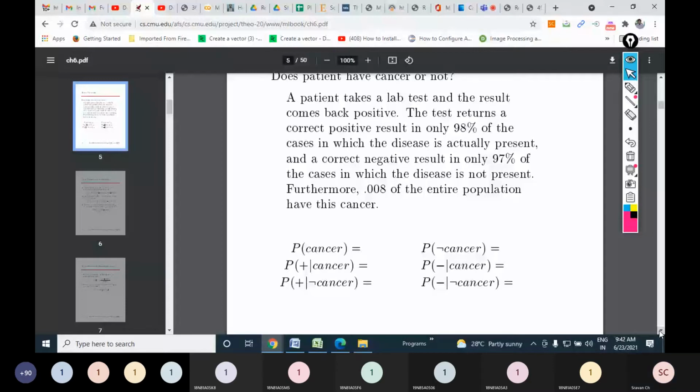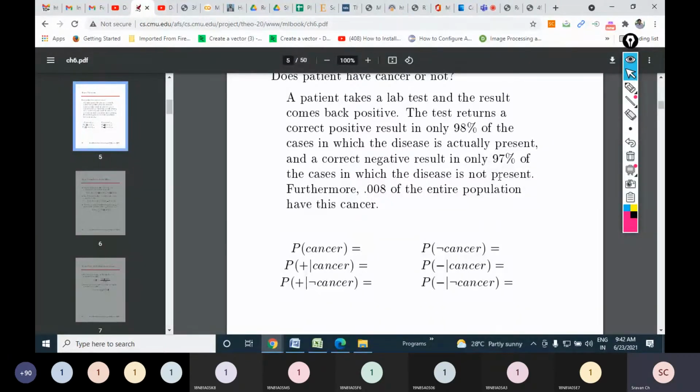That is one part. And furthermore, 0.008 of the entire population have this cancer. So what do you mean by this?